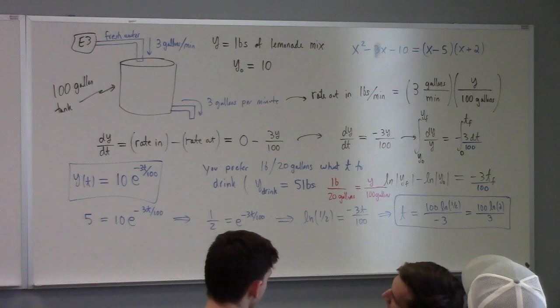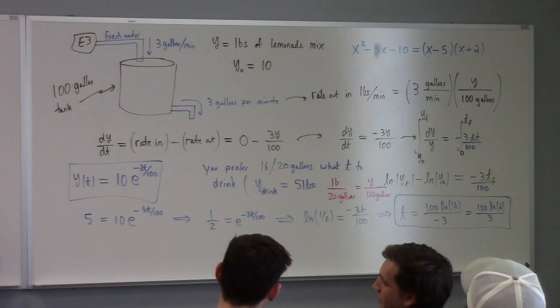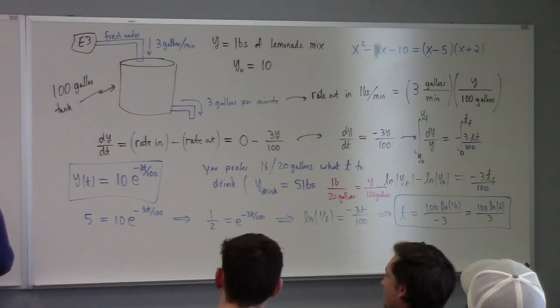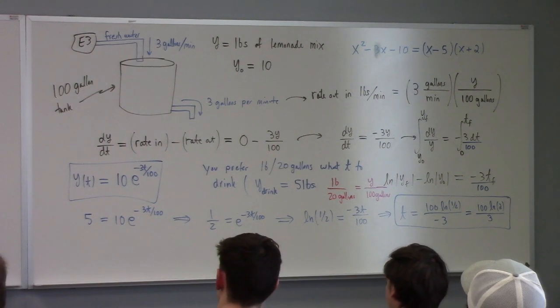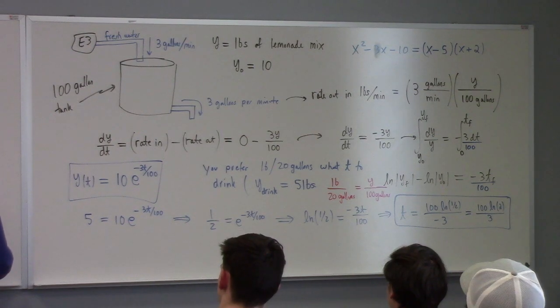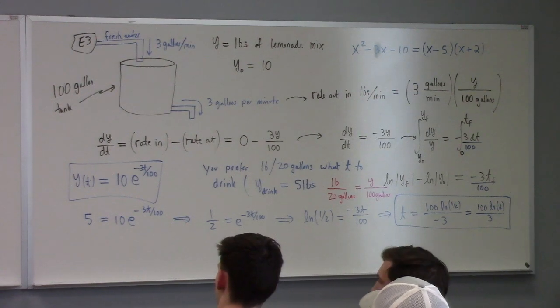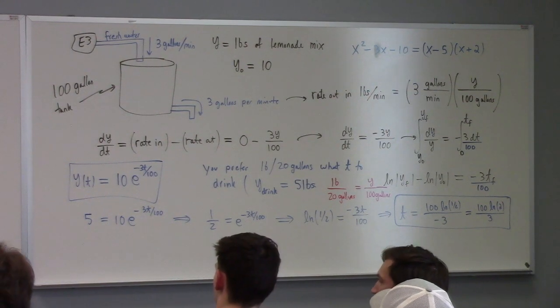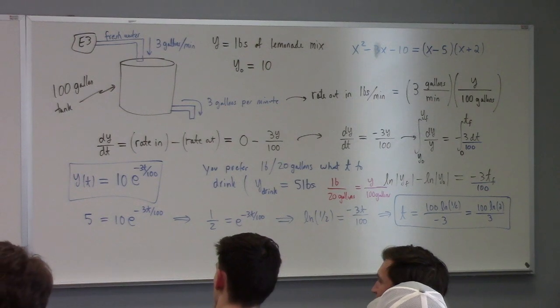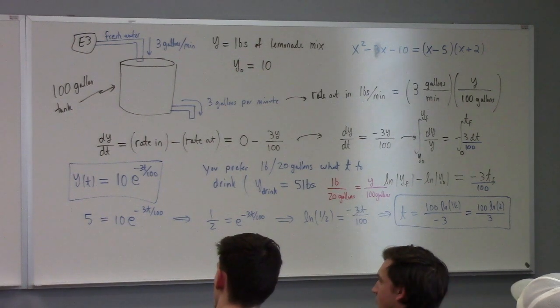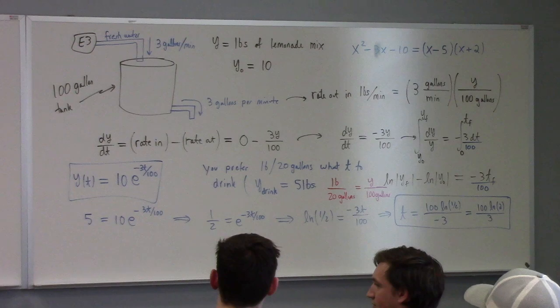This gives me y divided by y naught is equal to the exponential of minus 3t over 100, which then gives me y is equal to y naught e to the minus 3t over 100. So that's the algebra I had deprived you guys of. But basically, you just exponentiate the equation and solve for y. Good question.